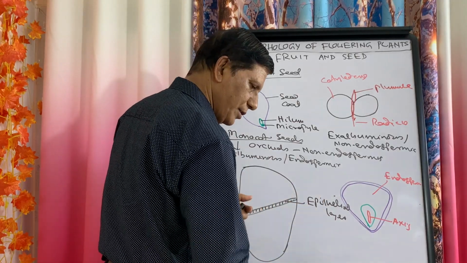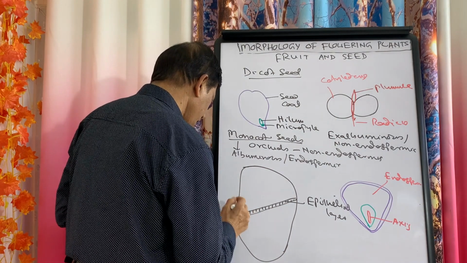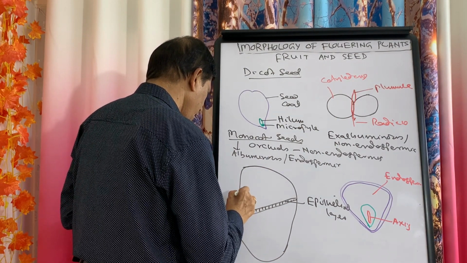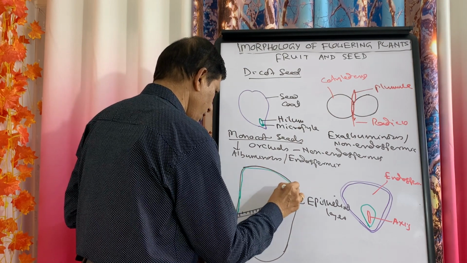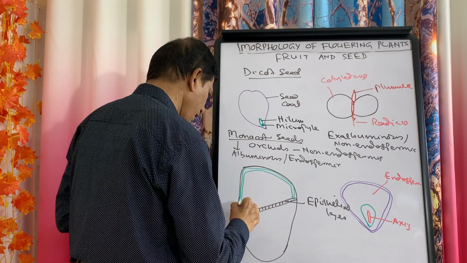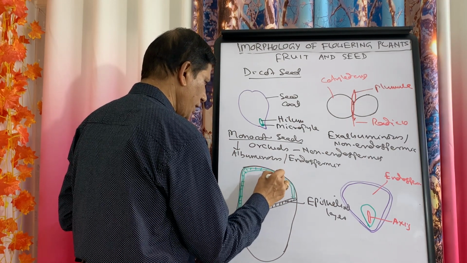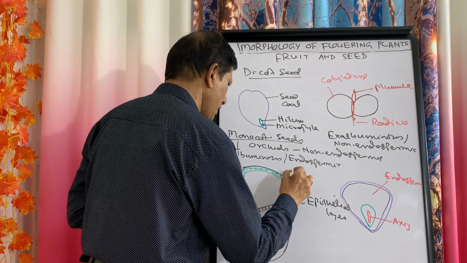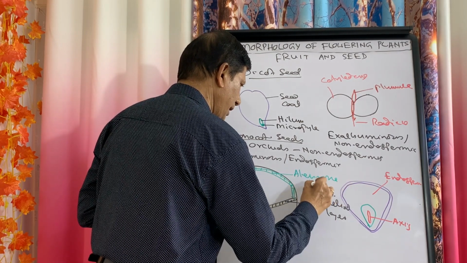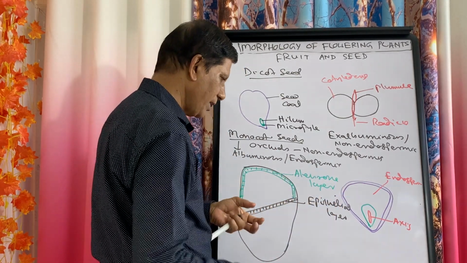Then this portion is the aleurone layer, which is a part of the endosperm, and it is a proteinaceous layer that surrounds the endosperm.